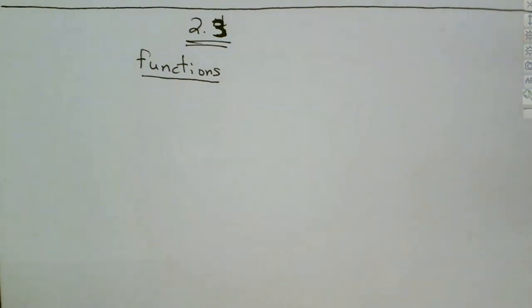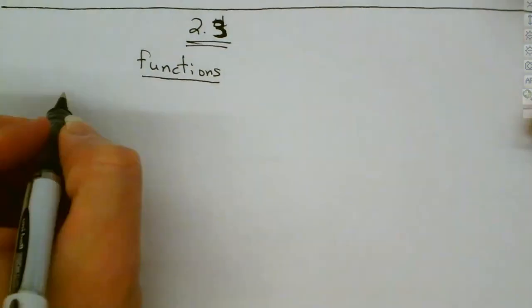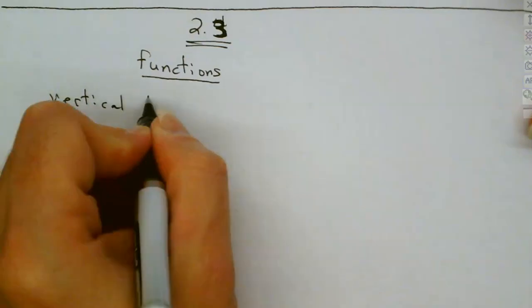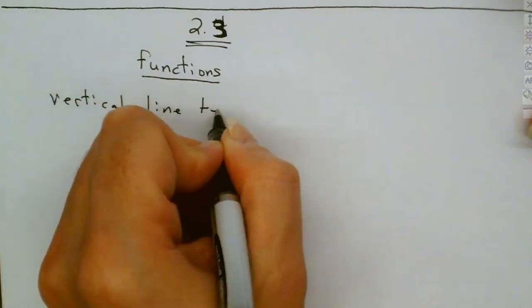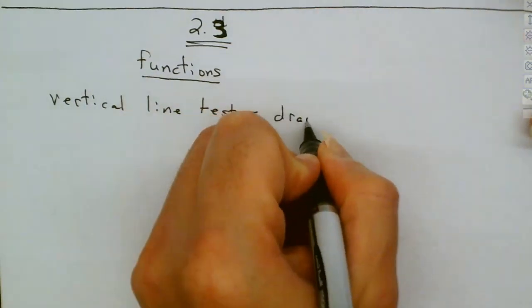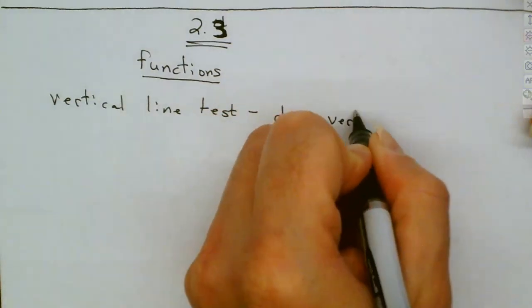So when we talk about graphs of functions, we have what's called the vertical line test. And you've probably heard about this before. Okay, the vertical line test, what we do is we draw vertical lines.